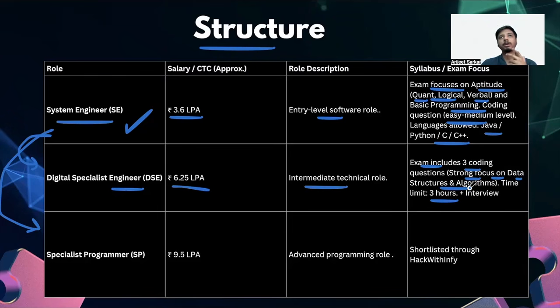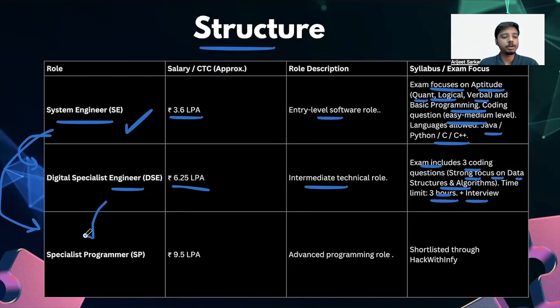The questions we can expect are going to be medium to hard level difficulty, right? Based on how we perform in this coding round, if we are shortlisted further, we will be called for an interview, and based on our performance in both of these rounds, we will be awarded this particular designation, right?